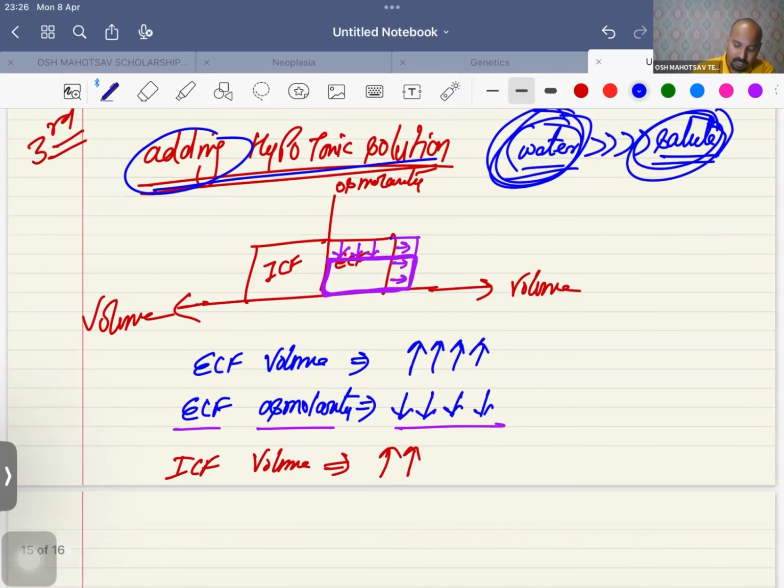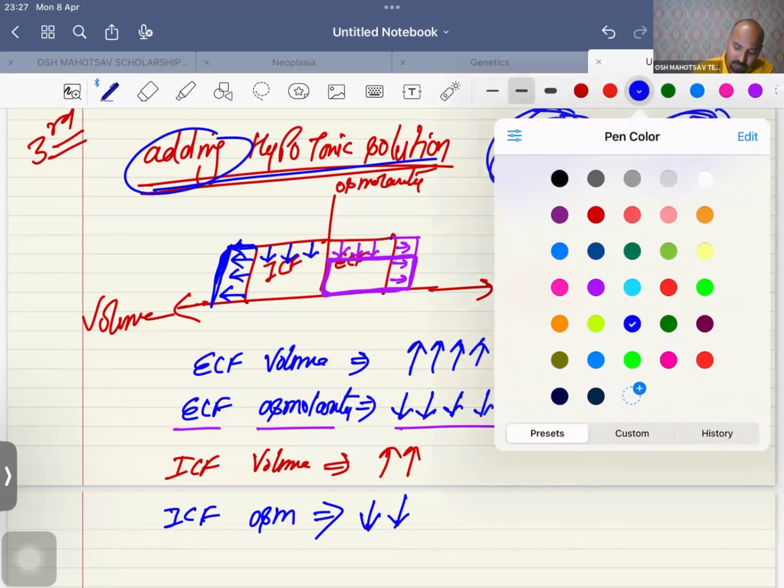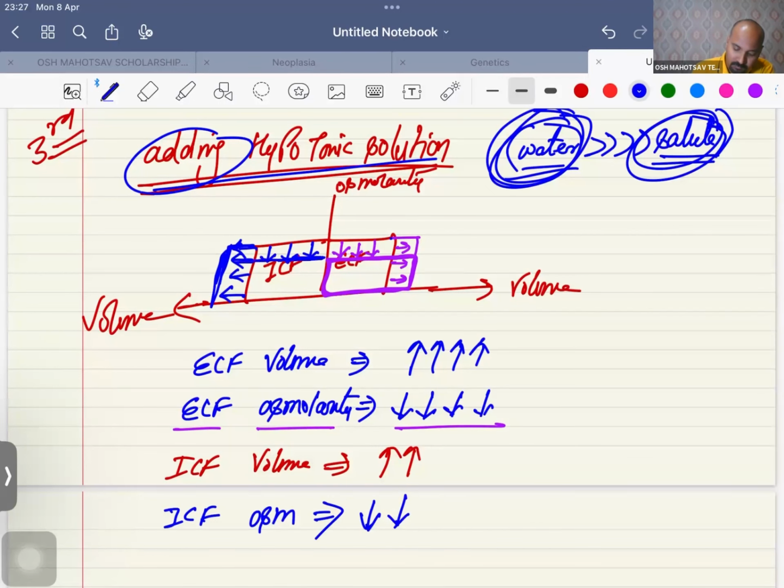So what happened with ICF? ICF volume will shift like this. Volume will increase. And rule number 2, if ICF volume increases, then what happens with the ICF osmolarity? ICF osmolarity will decrease. So the same here, osmolarity will decrease until both osmolarity, ECF and ICF, become the same.